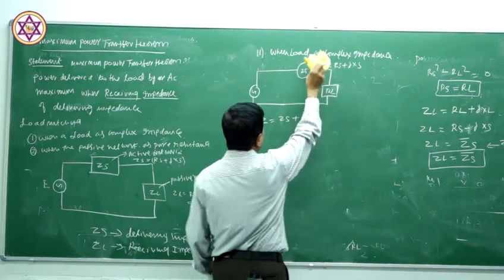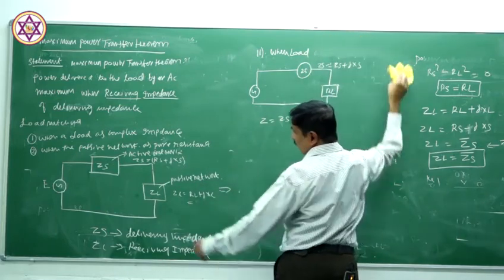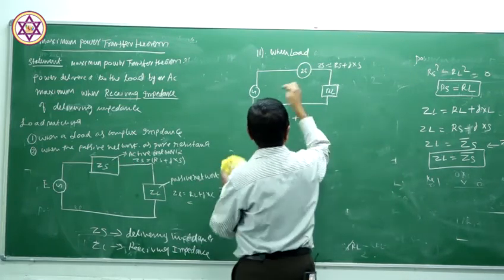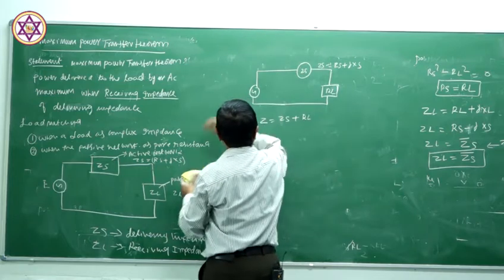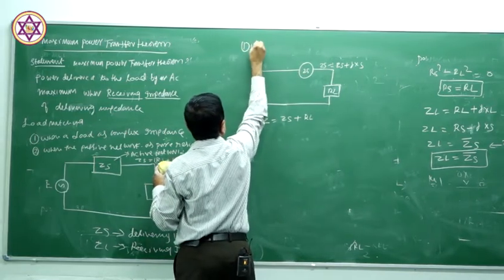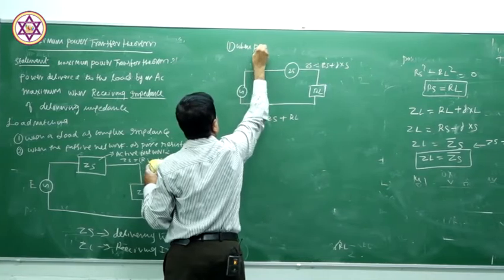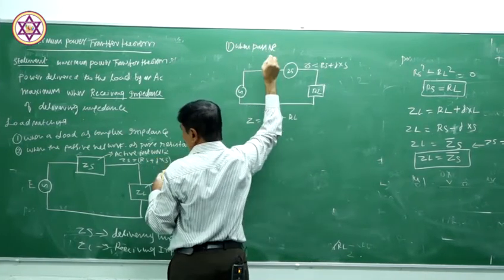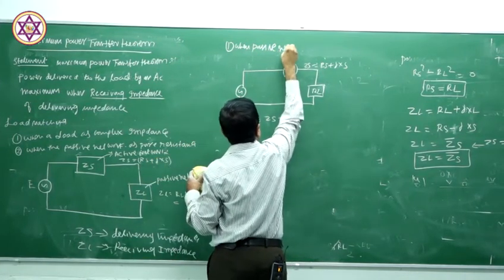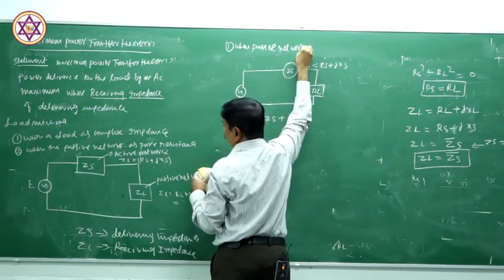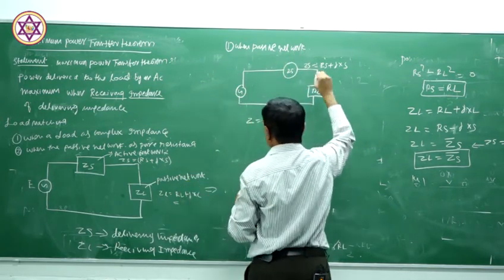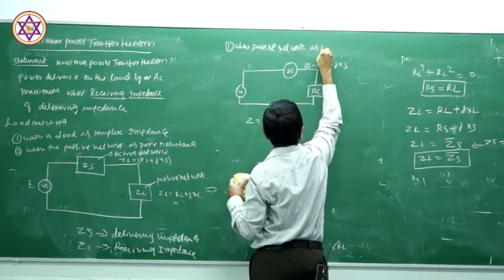We are dealing with the second part, when the passive network has pure resistance.